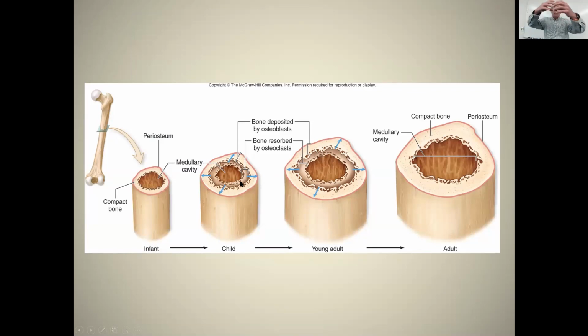So you end up with a greater and greater circumference of bone on the outside and a larger and larger bone marrow space on the inside until you reach your adult life. And it may slow down a little bit, but it's still going to be remodeled even in adult life. You may lay down bone or break down bone depending upon the stress, Wolff's law again.